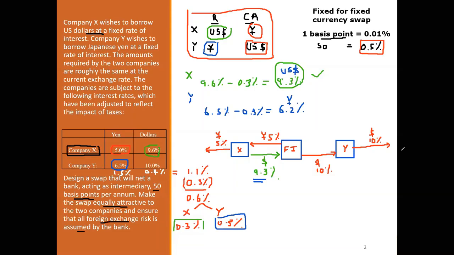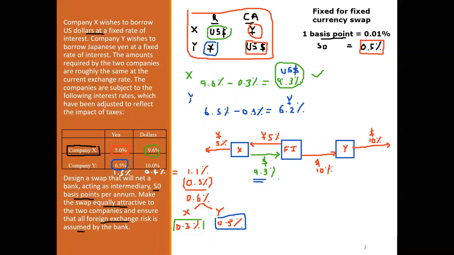Now do the adjustment for Y in a currency swap. So for Y, Y is paying 10% on a dollar amount to the outside parties. And this same cost is received by Y from the financial intermediary.